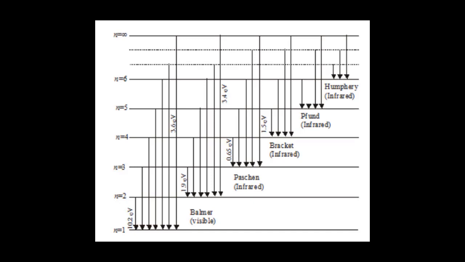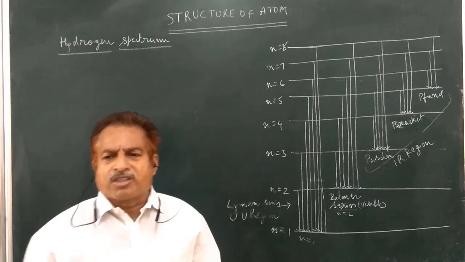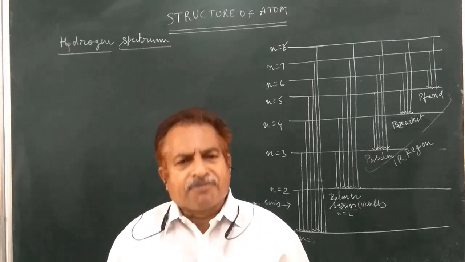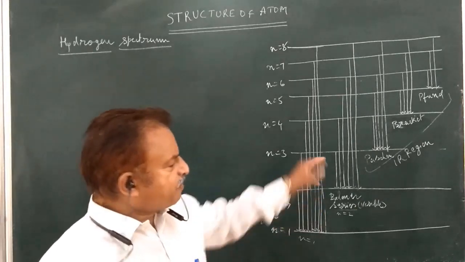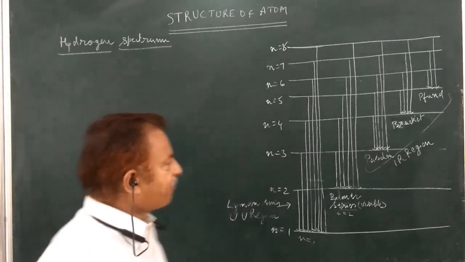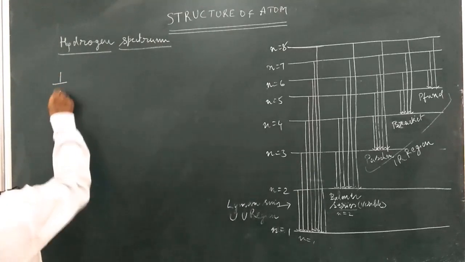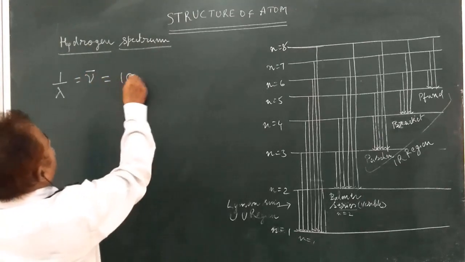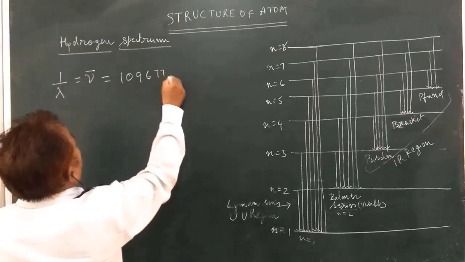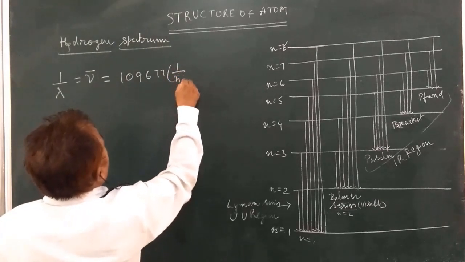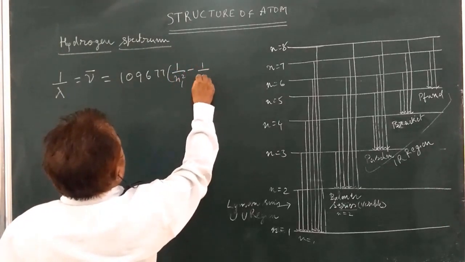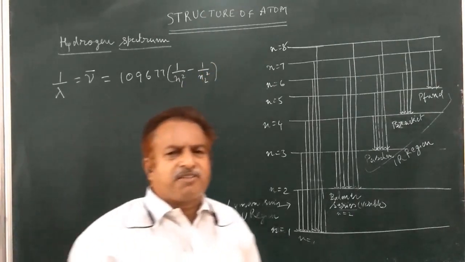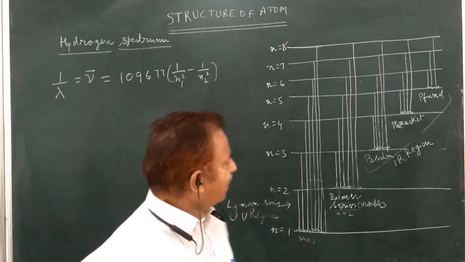Balmer could experimentally show that the wavelength or wave number of these spectral lines, that is, the reciprocal of wavelength, equal to wave number ν̄, equals 109677 × (1/n1² − 1/n2²). n1 is the lower energy level and n2 is the higher energy level.